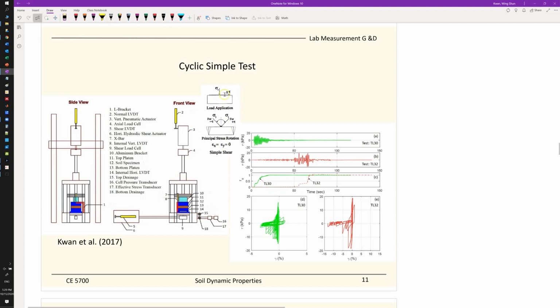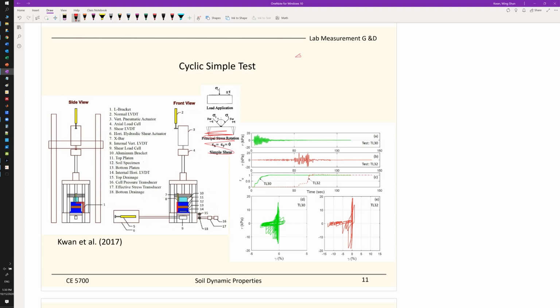This is a solid piece of element right there, and when you shake, you have a small shake table underneath here. So you are able to simulate an upward propagating shear wave. With the back and forth motions, you can more closely duplicate the upward propagating shear wave.